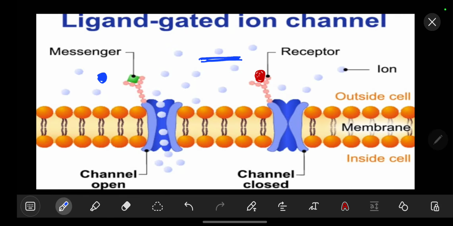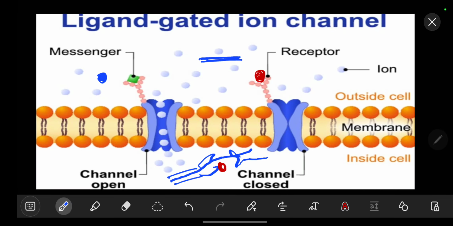An example of where ligands are very much applicable is neural transmission. When you look at neurons, impulses pass from one neuron to the other. This is where ligand-gated channels are important. The ligand binds to the receptor, thereby causing the protein channel to open up to allow the electrical impulses to pass.